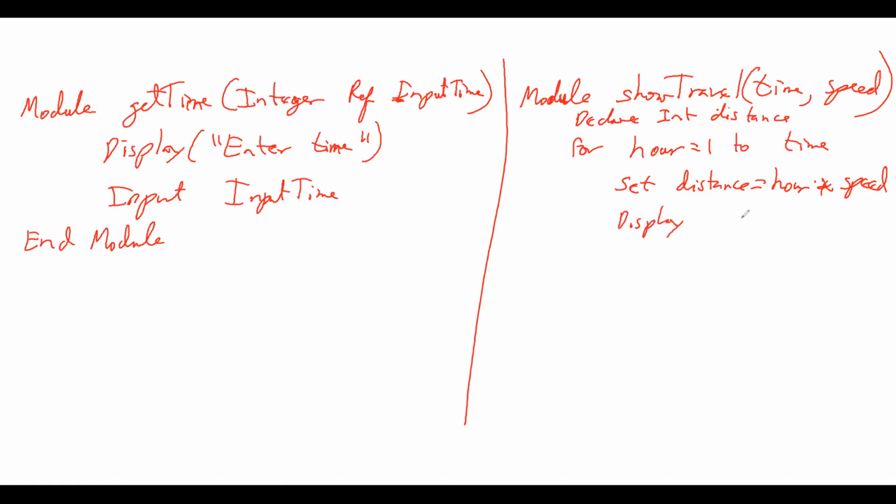So we do display hour, comma, some kind of space or a line, and then distance. And that's it, end for, and end module. All right. Any questions on the pseudocode?